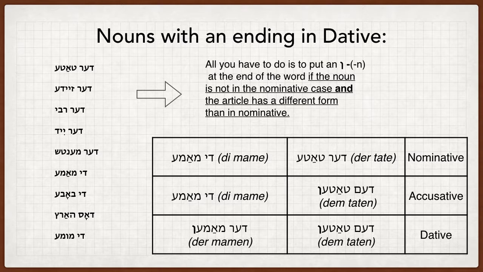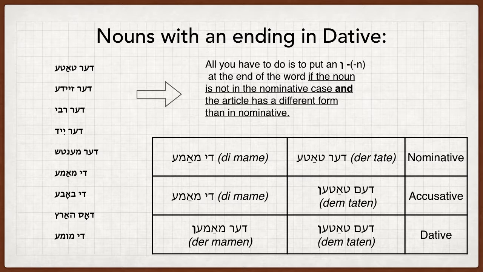It is still die, and there are these two criteria, which are not being in nominative and having changed the form of the article. And the Mame in accusative hasn't changed the form of the article.